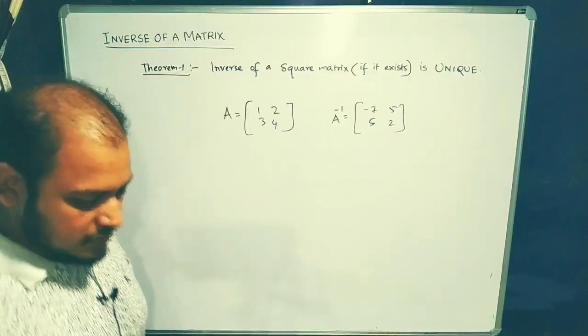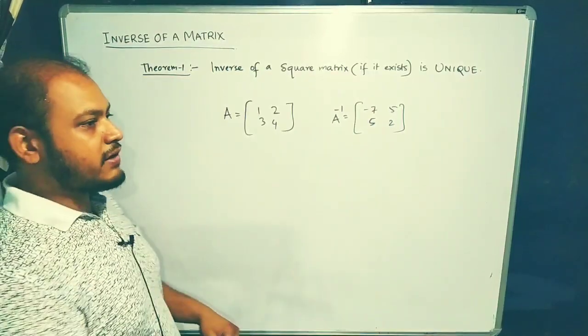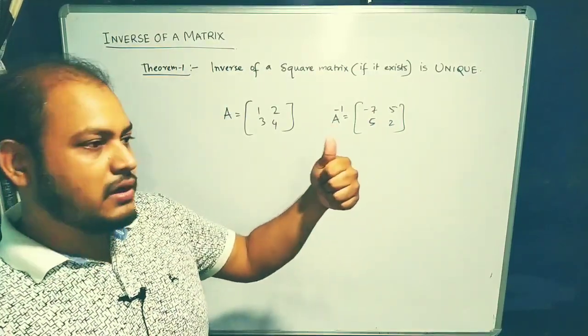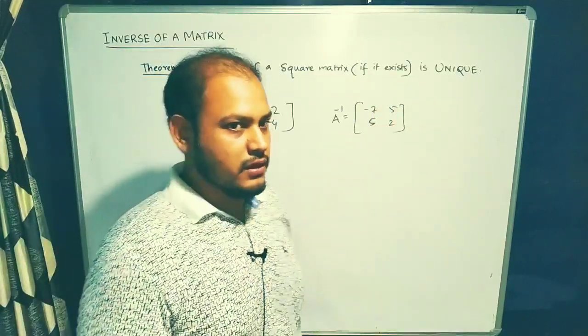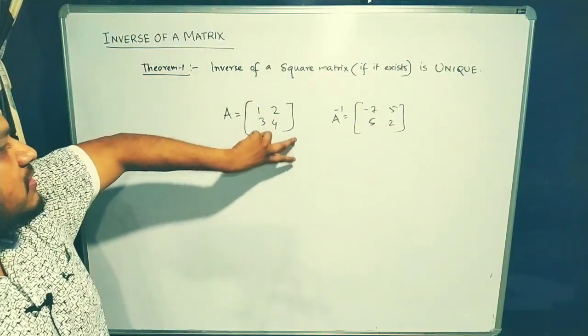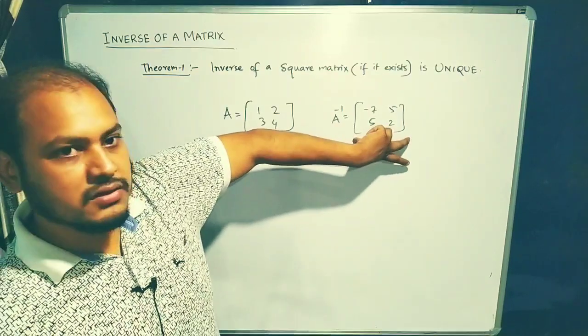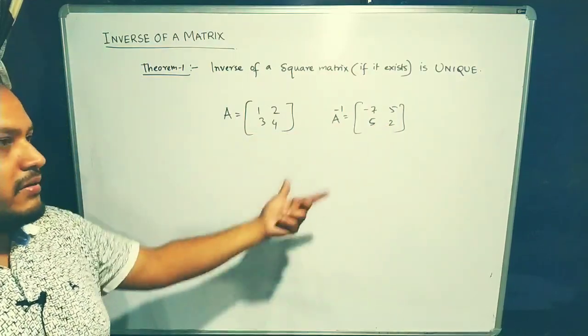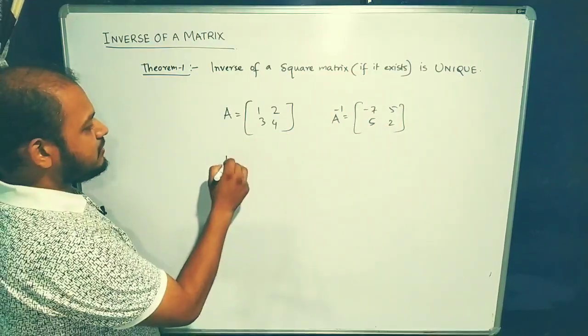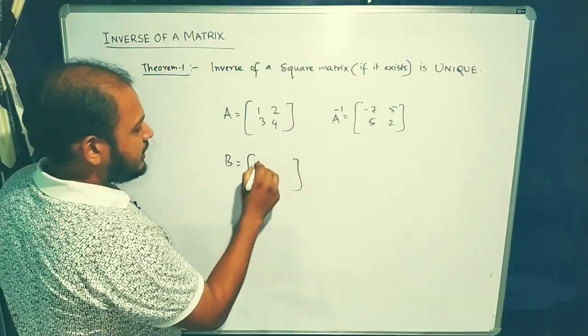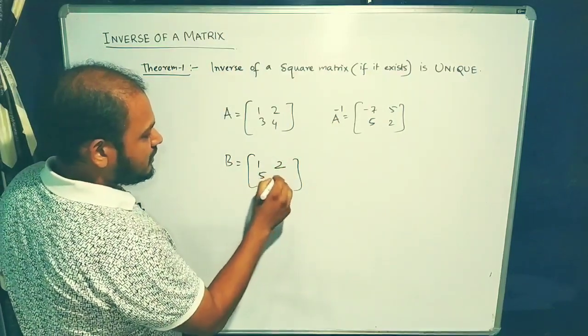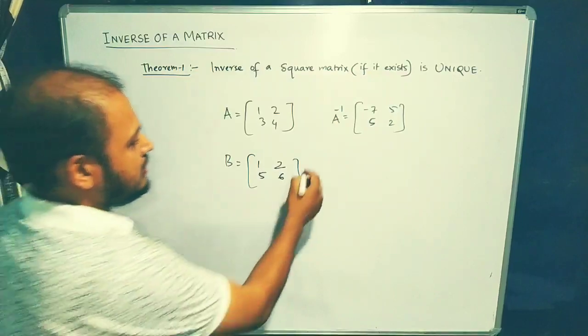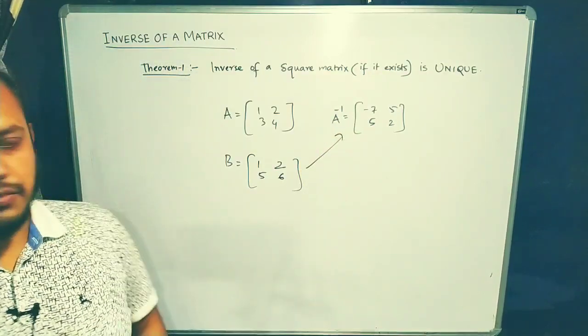Okay, so you have to keep this in mind. For example, you have a unique fingerprint, right? Your fingerprint will not match with another person's fingerprint. In a similar way, this matrix will have its own inverse. It will not be the same as another matrix. You cannot say that I write another matrix B like this, and it has the same inverse. No, it is not possible.